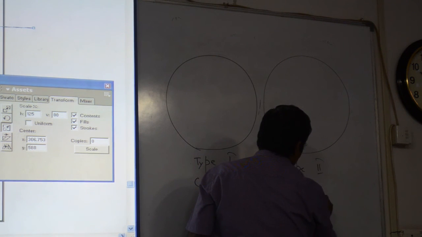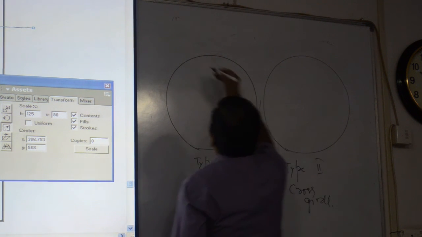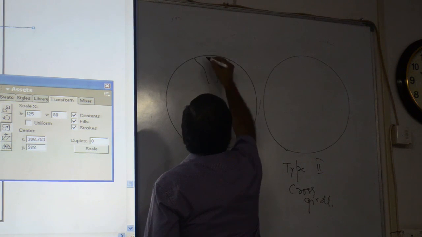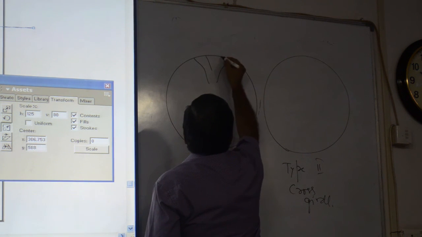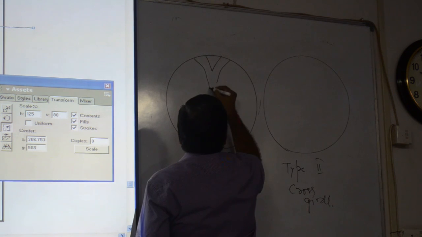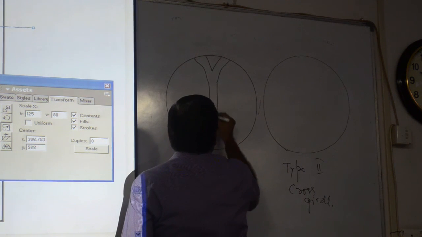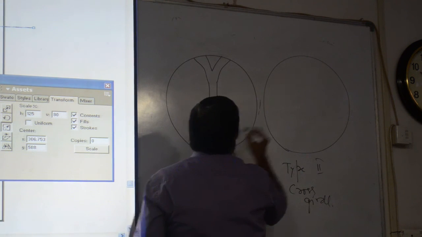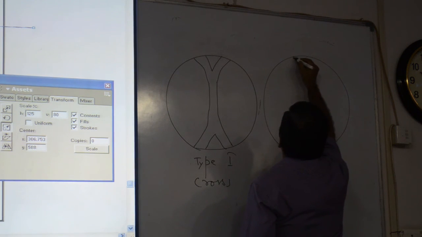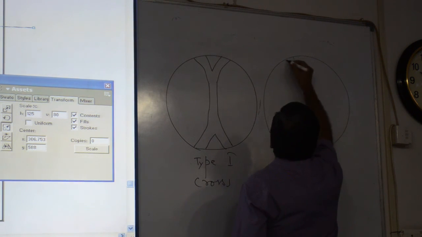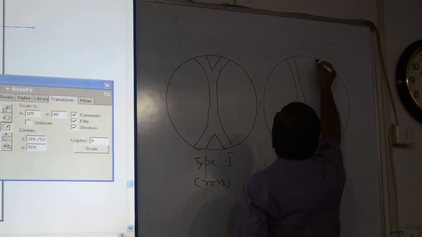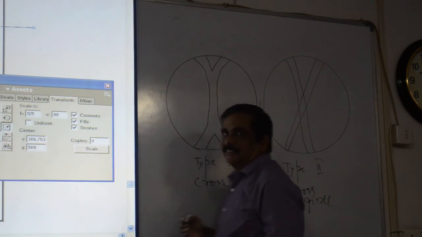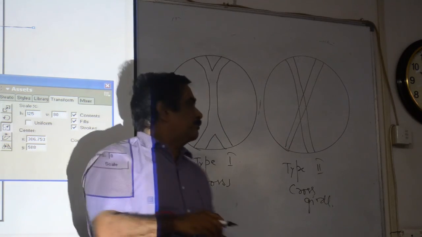They appear like this. They bifurcate. So there are different patterns of the girdles.